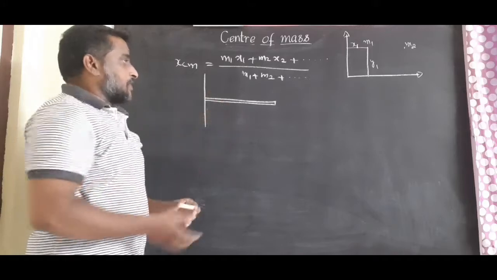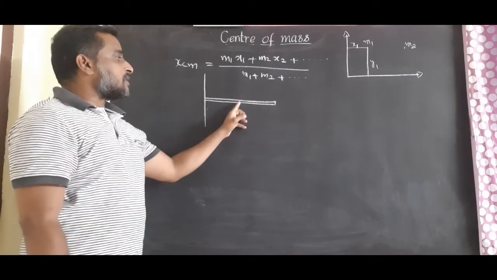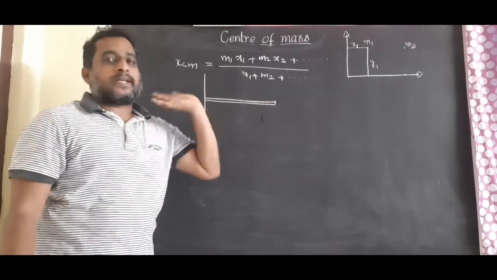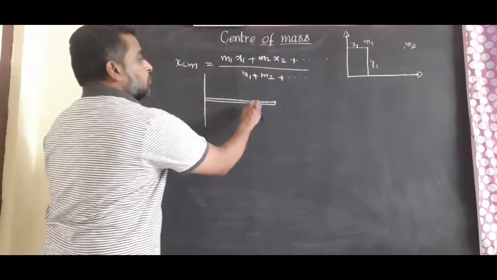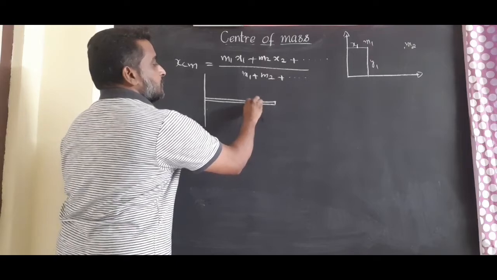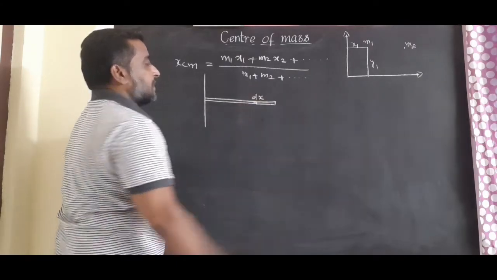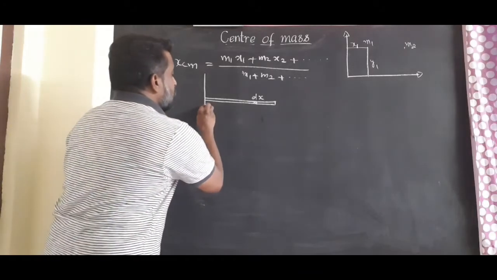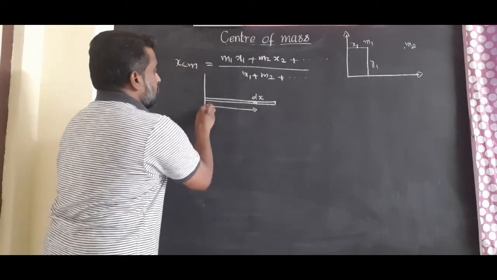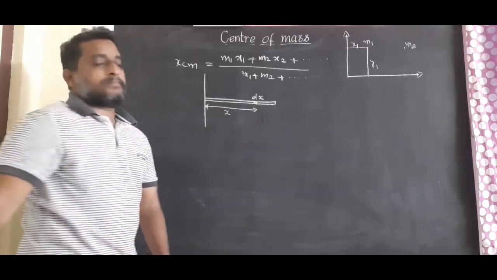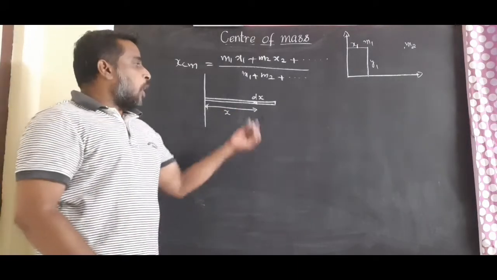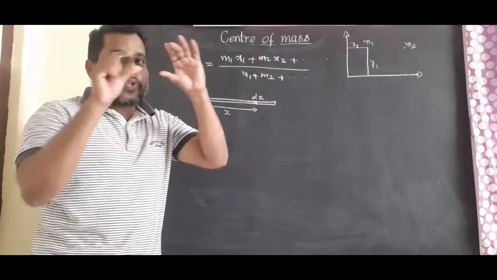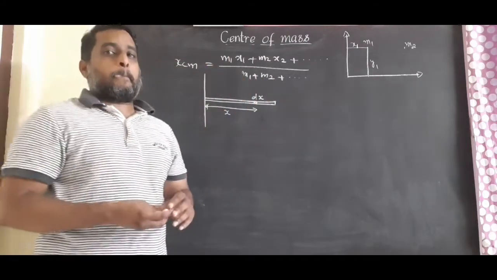If you want to locate the position of center of mass of this continuous mass distributed body from y-axis, first we have to construct one small element of length dx, which is at a distance x from y-axis. This small element represents a small particle of that continuous mass distributed rod.